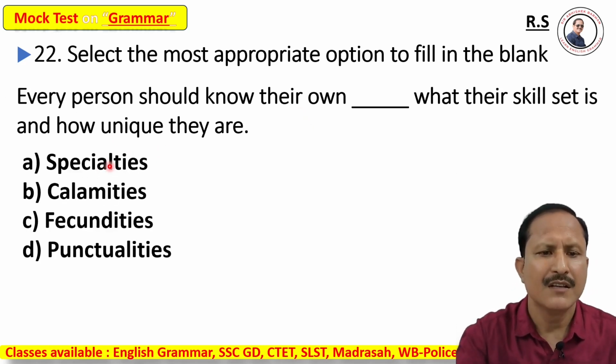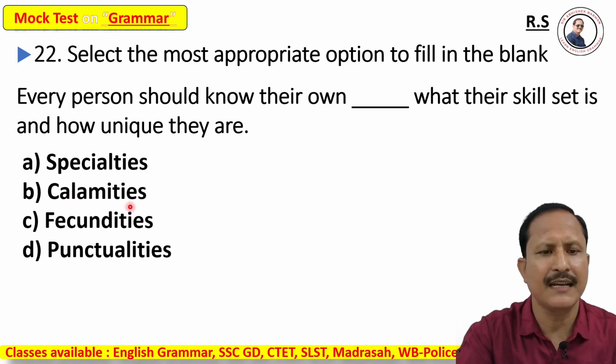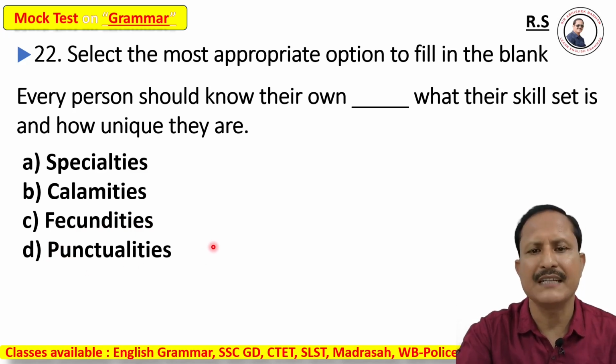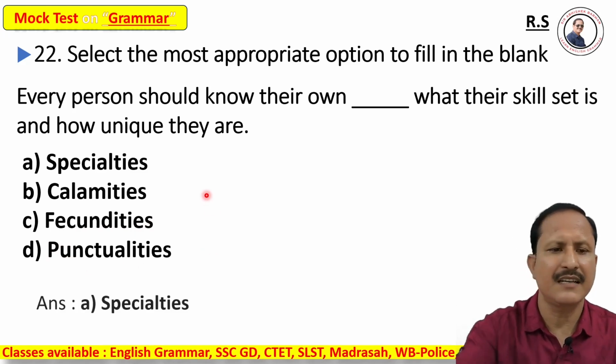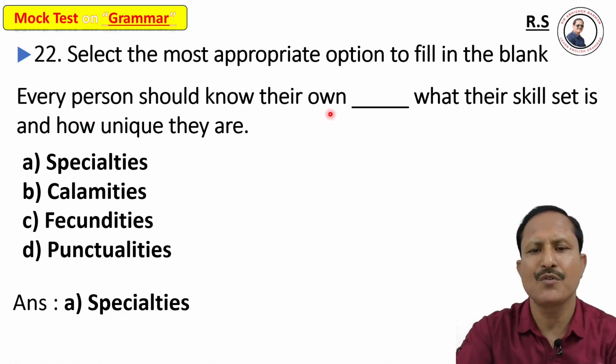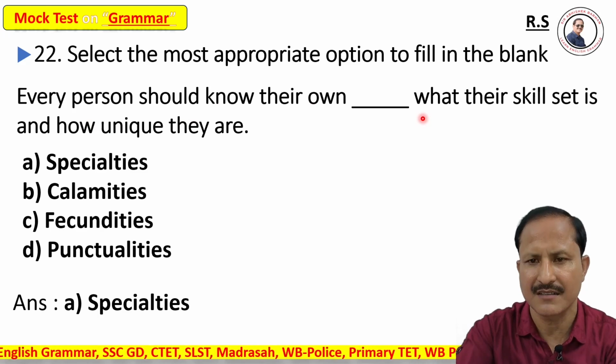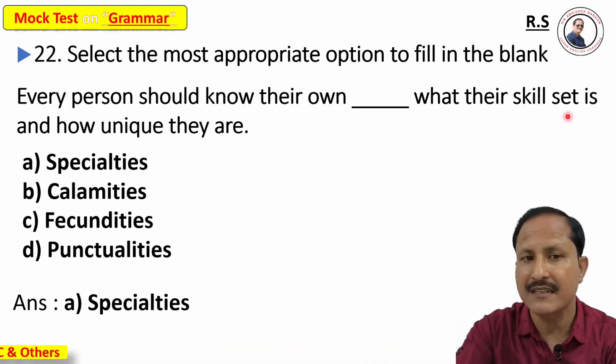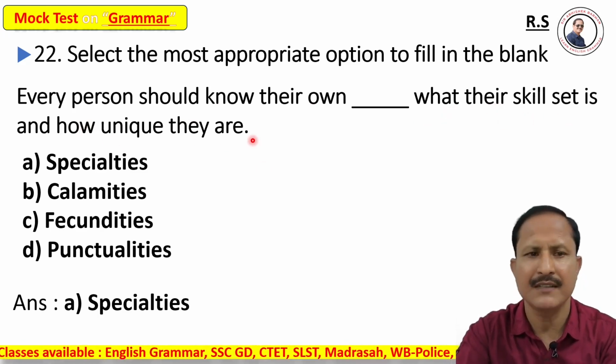Option A, specialties. Option B, calamities. Option C, fecundities. Option D, punctualities. Here, the right answer is option A, specialties. Every person should know their own specialties, what their skill set is, and how unique they are.